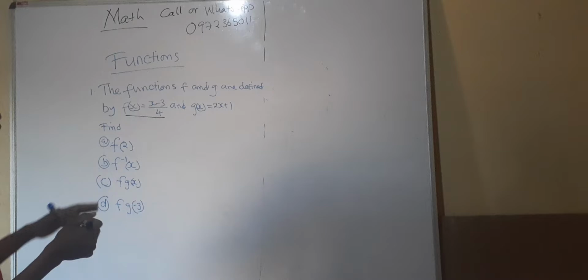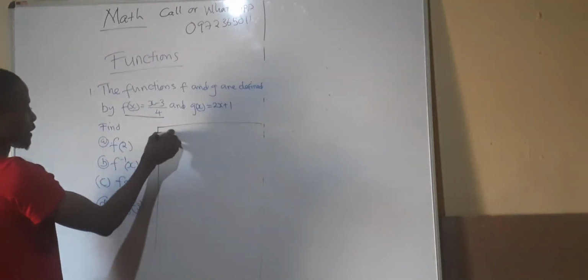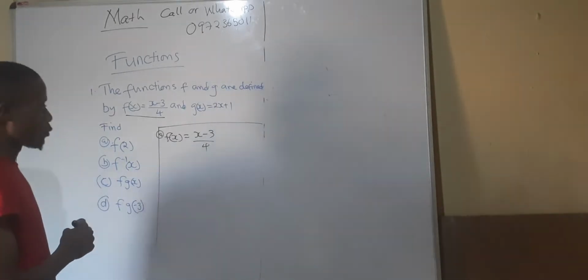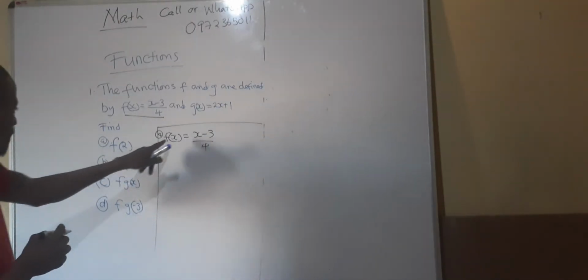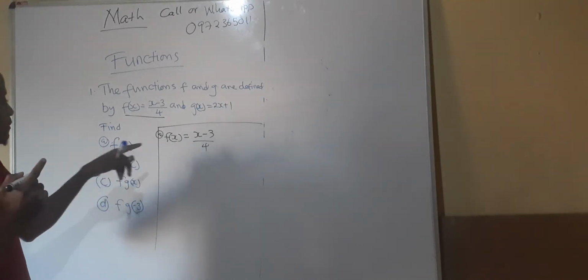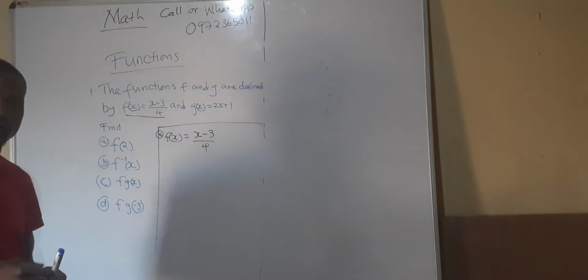First of all, write the f function, that is question A: f of x is equal to x minus 3 over 4. Where there is x in this function, you have to replace it with 2 throughout.